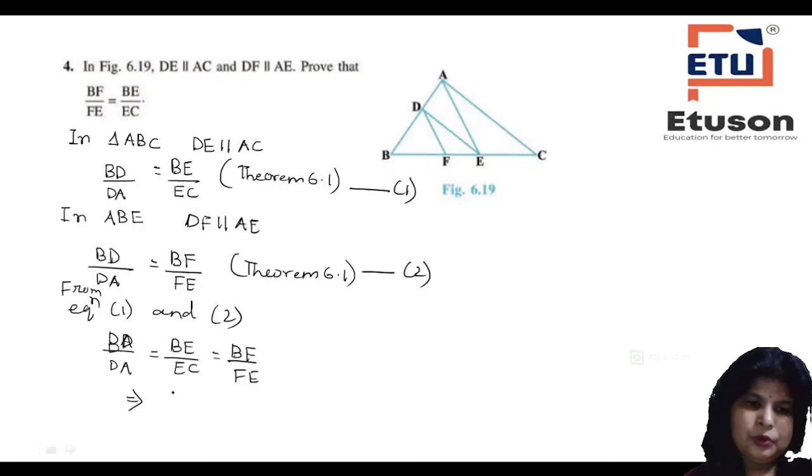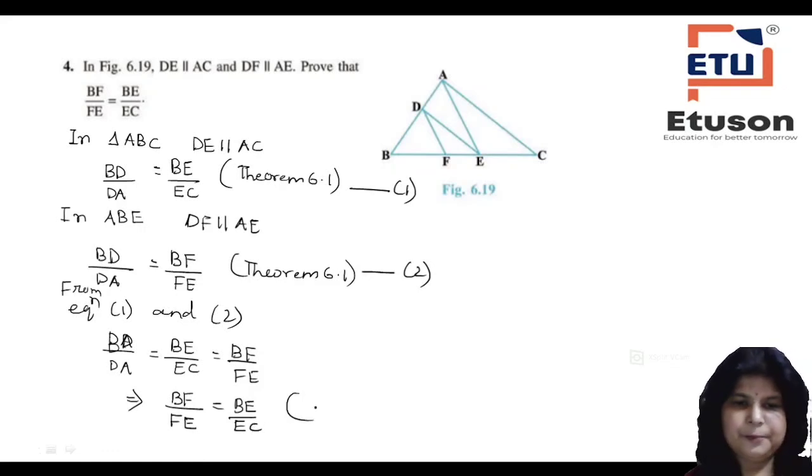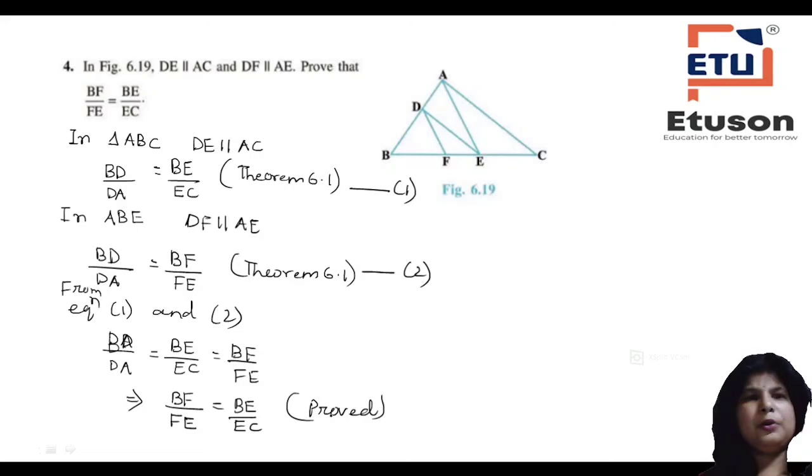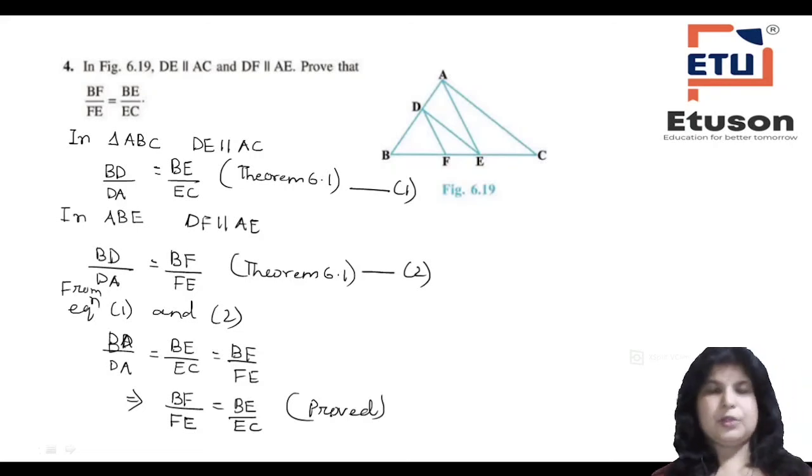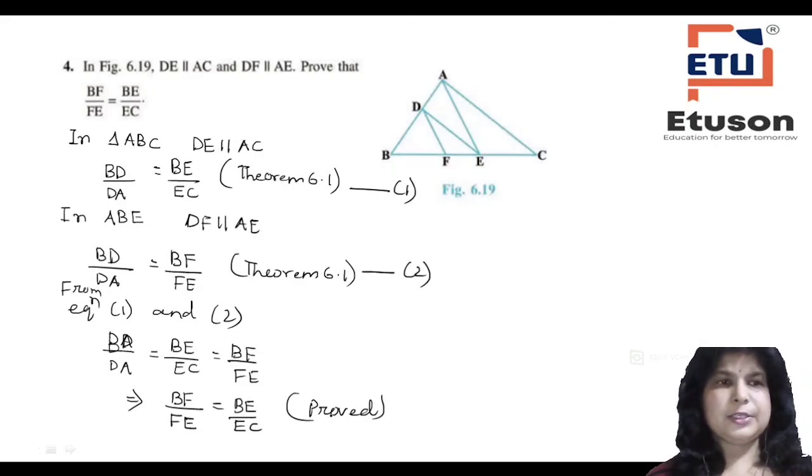So you have obtained what you need to prove. So BF by FE is equal to BE by EC. So you have proved it.